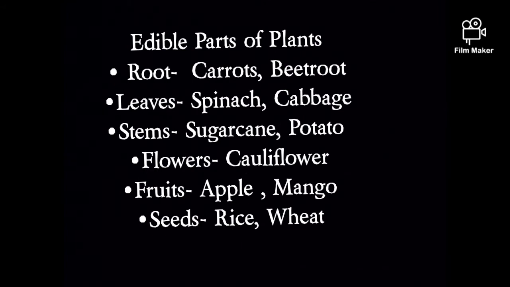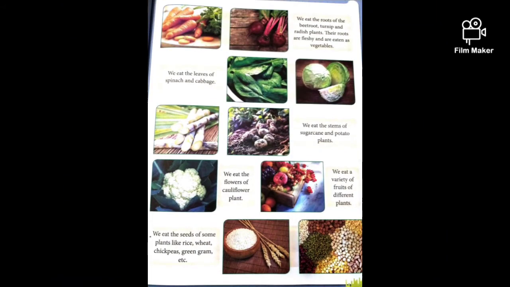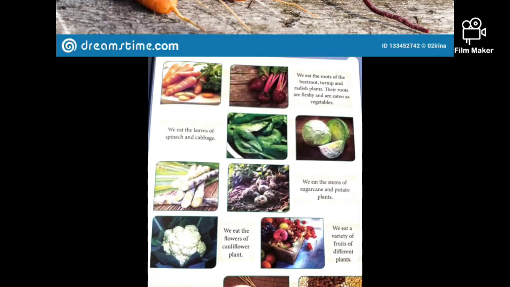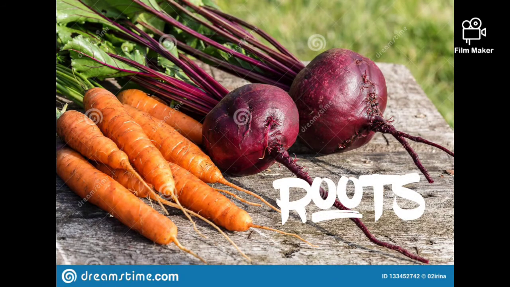These parts may appear thick and fleshy as food prepared by the plant is stored here. Now, you can see these beautiful pictures and you can see the roots, beetroot and carrot, and other plants also like turnip, etc. Their roots are fleshy, so they are eaten as vegetables.